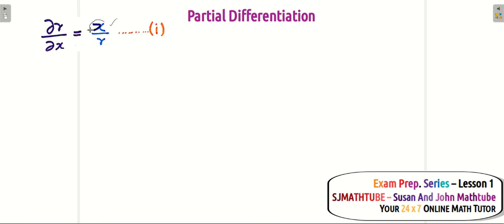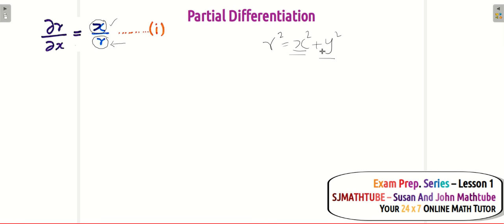Are you able to see x in the numerator? Yes, of course. Are you able to see x somewhere in the denominator? And I'm sure most of you will feel that there is no x in the denominator. But don't forget, r is a dependent variable. r is actually the square root of x square plus y square. r depends on x and y.